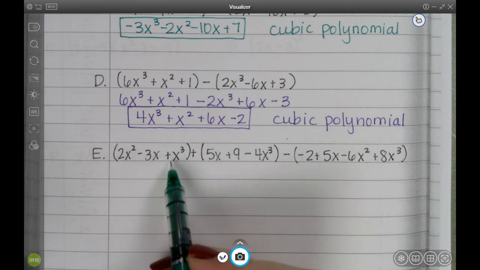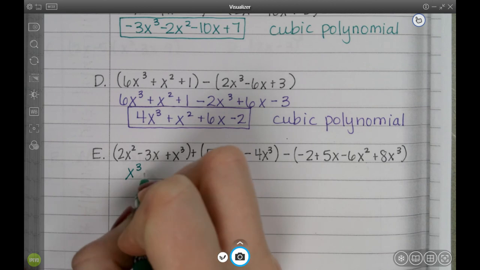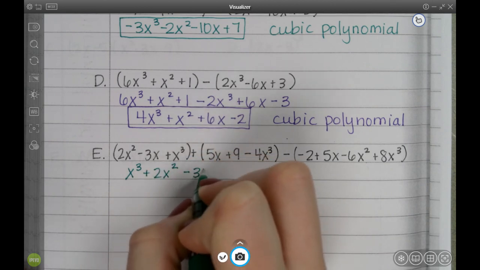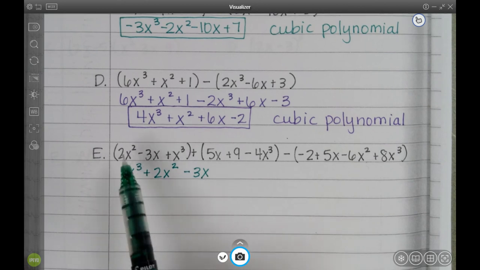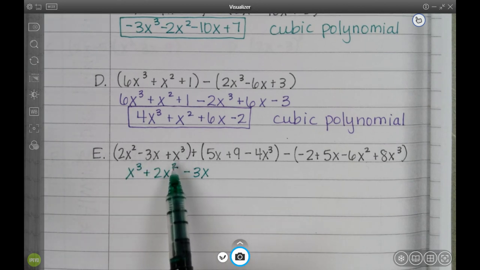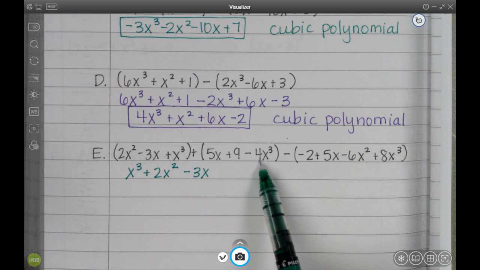So I'm going to take this first one, I'm going to do x cubed first, plus 2x squared minus 3x. So all I did was rearrange it to where it's in standard form. And then I have plus this second expression.